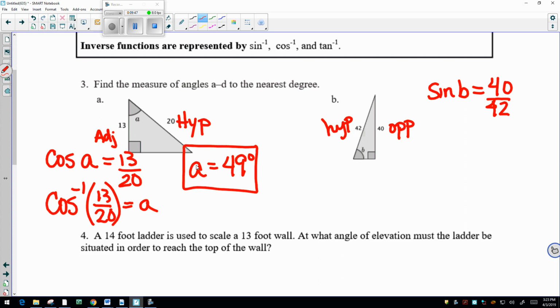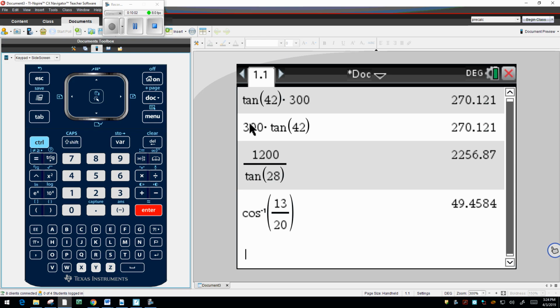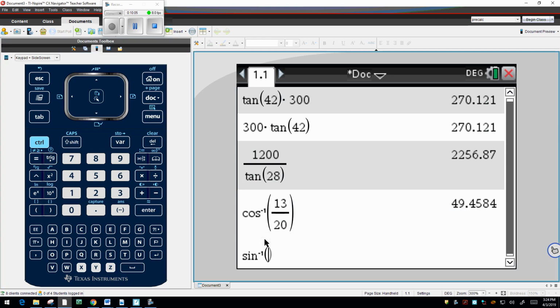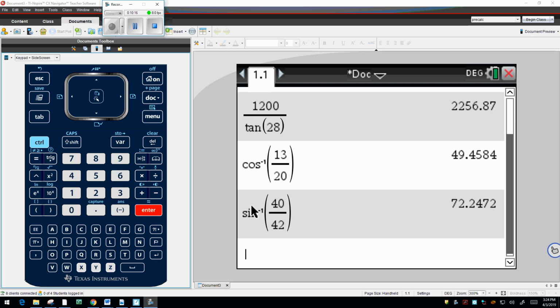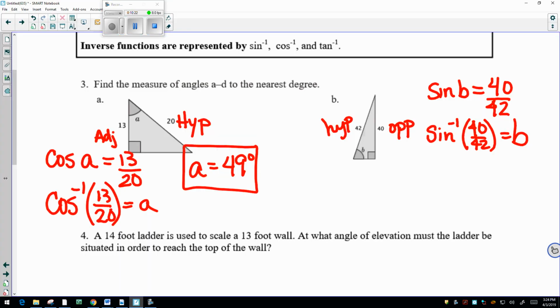So in order to solve for angle B, I have to use the inverse function, and I need to know that ratio, 40 over 42, which will give me B. Okay, so we go back to the calculator, and we're going to get our inverse sine, and again, we're going to get our fraction template, and this time we're going to enter in 40 divided by 42, and we get 72.247. So now if we round, because it's saying nearest degree, we can find that our angle B is going to be about 72 degrees.